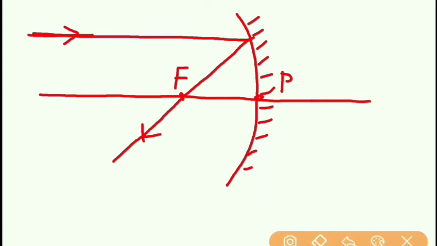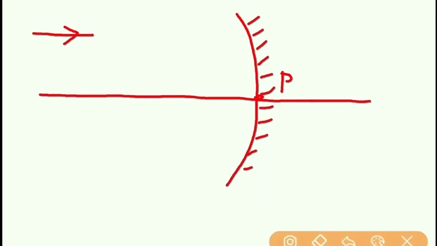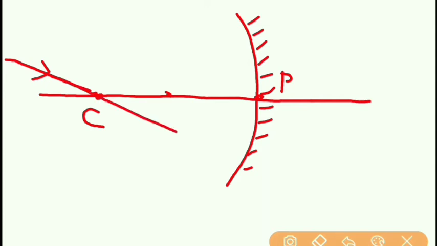Then next thing, when a ray is directed towards the center of curvature, that means this type of ray, when this ray is directed from the center of curvature to the mirror, after reflection it will move in exactly the reverse path.